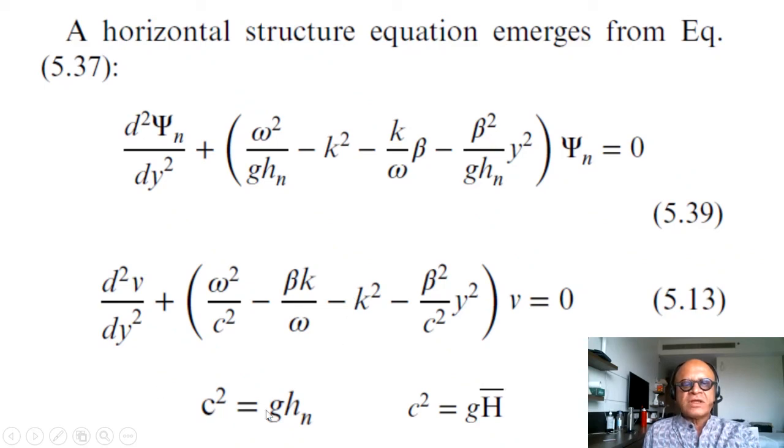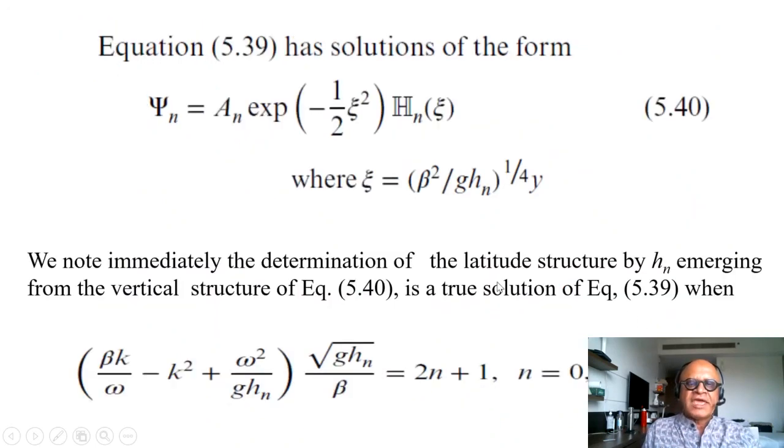Here c squared is now, in our case of vertical and horizontal structures, the gravity speed g Hn, where Hn is a layer, not the equivalent depth, right? So c squared before was g H bar in the uniform case with no vertical structure.